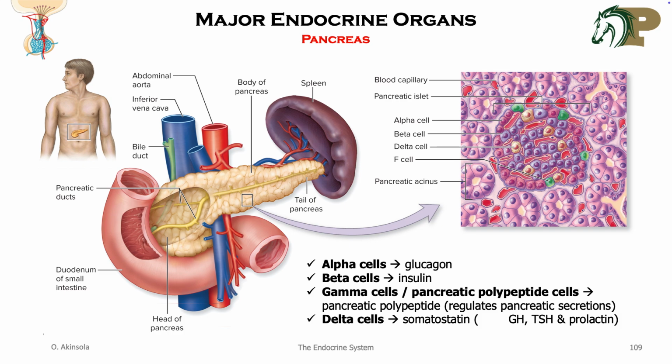So here's a close-up of some pancreatic histology. We have some more cells to go through here that are located in the islets of Langerhans. As we stated before, the alpha cells secrete glucagon and the beta cells secrete insulin. We also have gamma cells, otherwise known as pancreatic polypeptide cells, which secrete pancreatic polypeptide, which will regulate pancreatic secretions, and then delta cells, which secrete somatostatin.